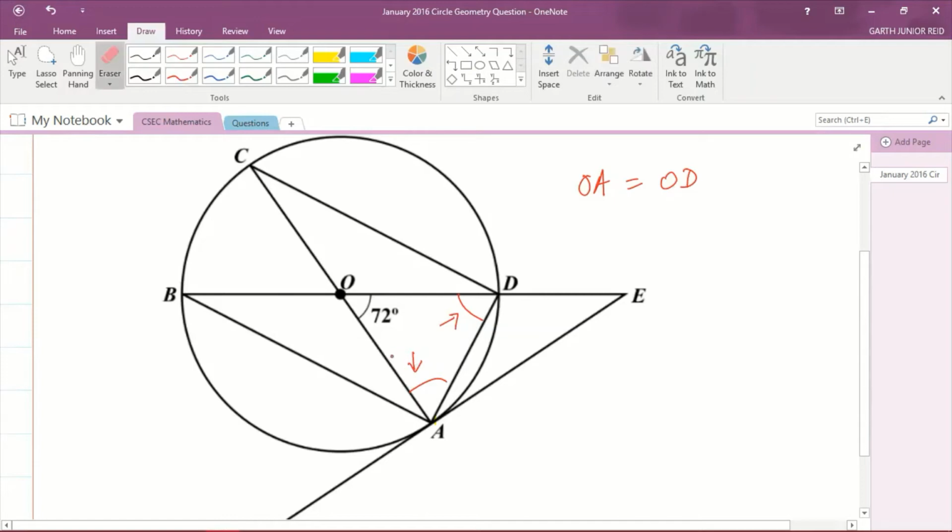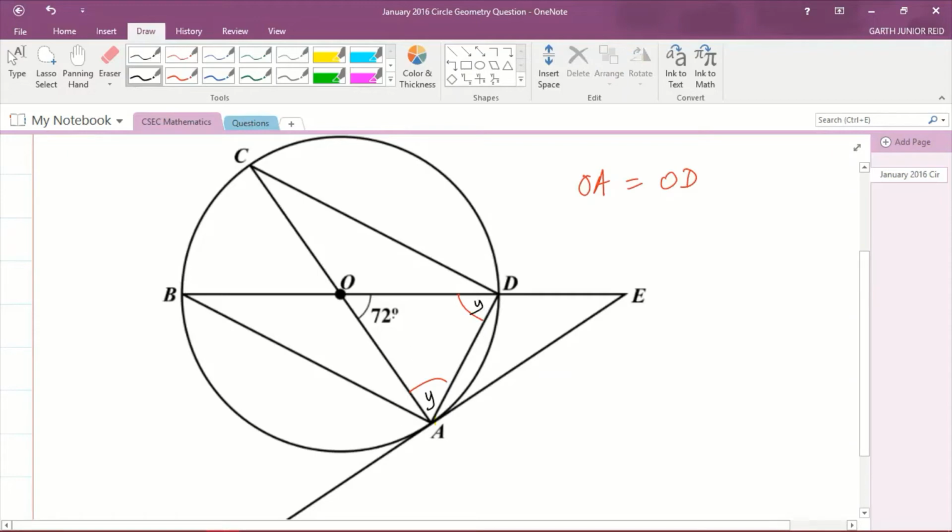So I really hope that was clear for you. Now, I need this angle here, which is CAD. I'm going to call that angle Y. And I'm also going to call this angle here Y, because both of them are the same. So those angles are equal.